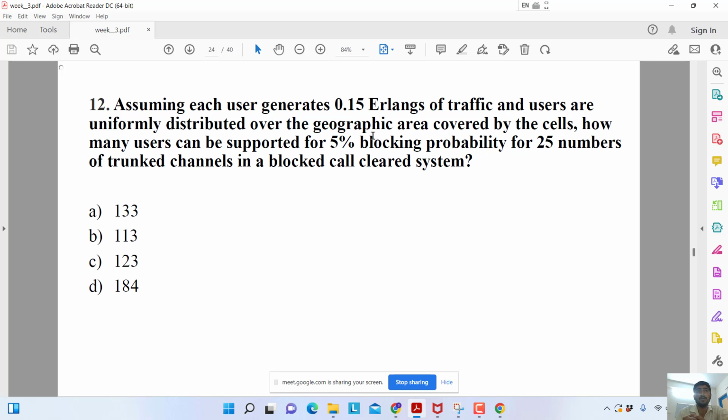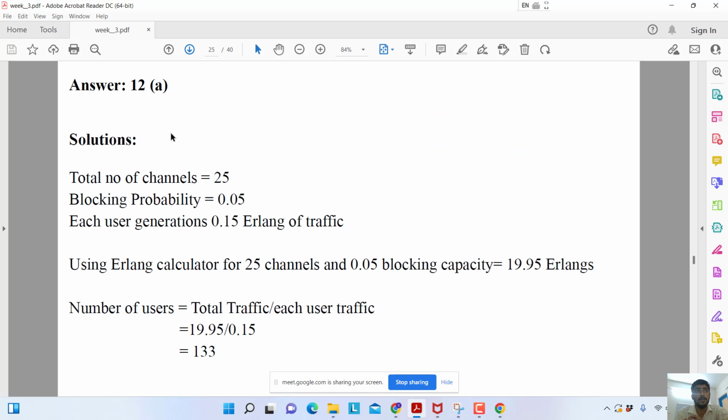We have to calculate how many users in this scenario. What is given? The total number of channels is 25, the blocking probability is 0.05, and each user generates 0.15 Erlangs of traffic.